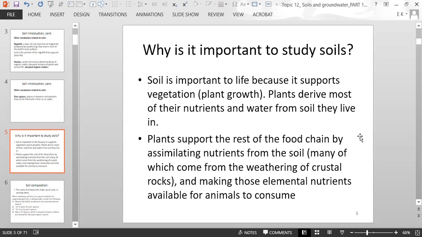And then plants support the rest of the food chain by assimilating the nutrients from the soil and then making those nutrients available for animals to consume. And those nutrients, many of them come from the weathering of rocks. So plants are important for the rest of the food chain, and soil is important for plants.